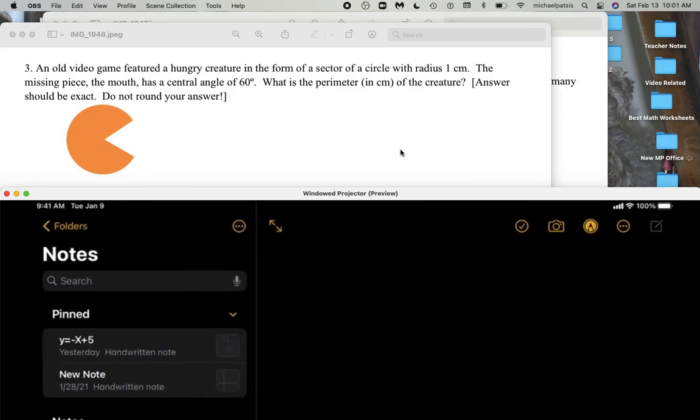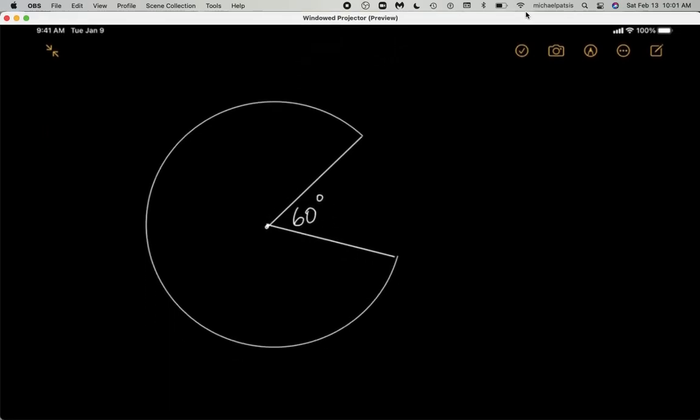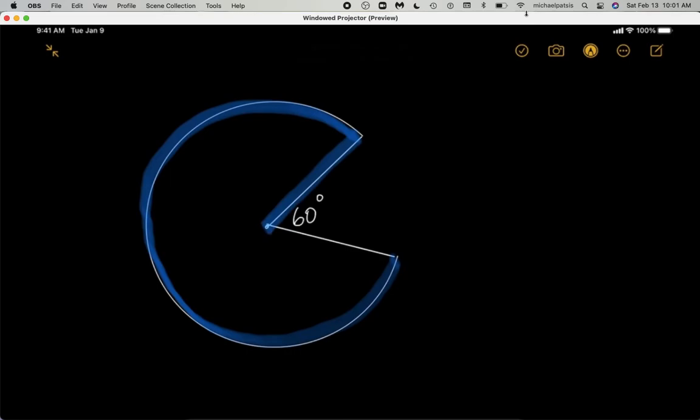So let's go to the other screen. And this is what we have. They want this distance here. That's the perimeter of the Pac-Man. Now, it would have been nice if this was just a circle.